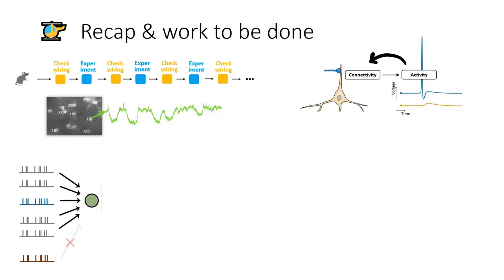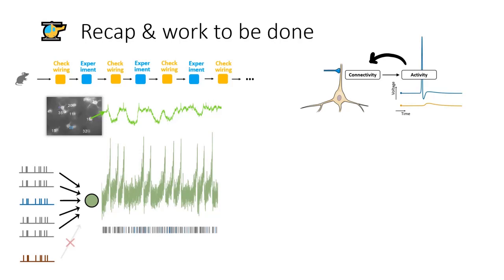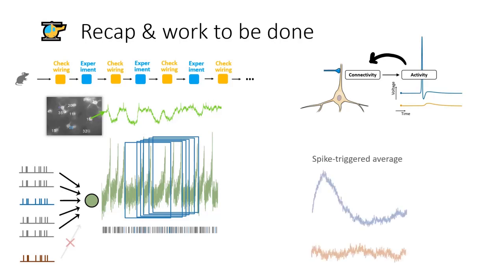A bunch of spike trains, some of which synapse onto our simulated neuron. Now, given only the green, quote-unquote, voltage imaging signal and the different input spike trains, can we know which are connected? Well, we use the simplest possible test by taking these spike-triggered windows, averaging them together, and the results speak for themselves.